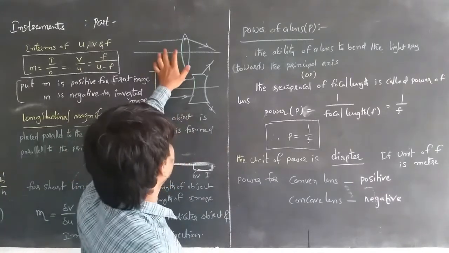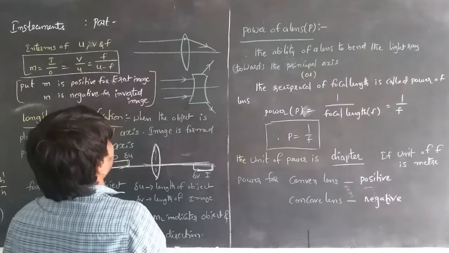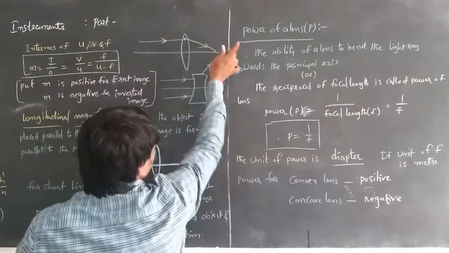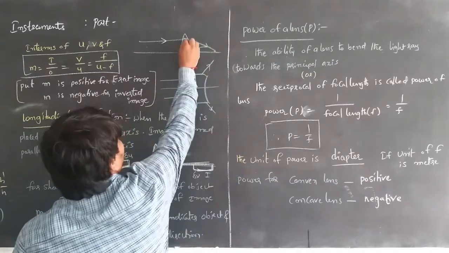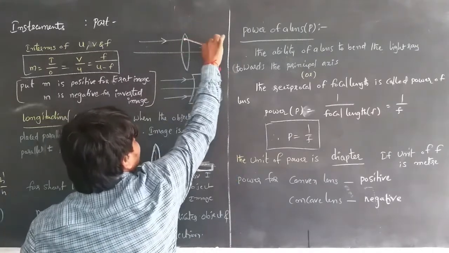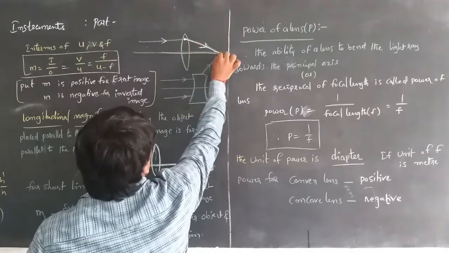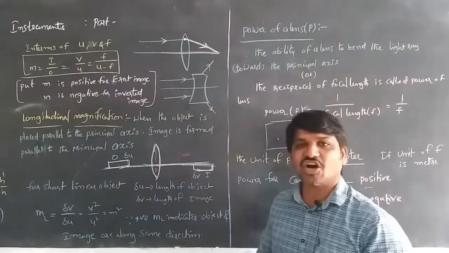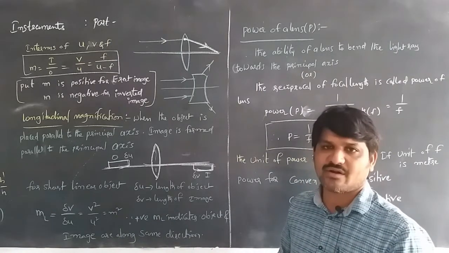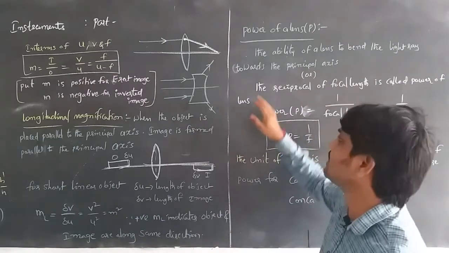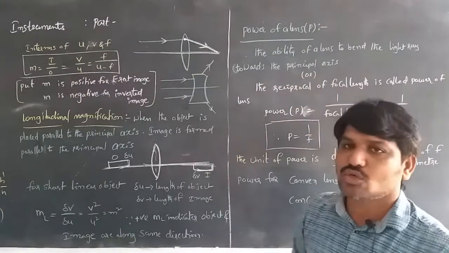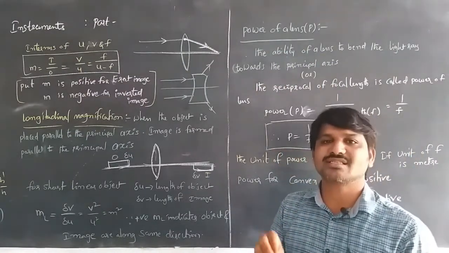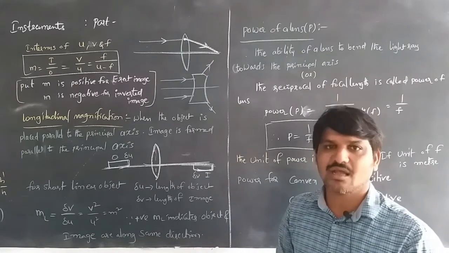Means that the ability of a lens to bend the light ray towards the principal axis is called the power of a lens.